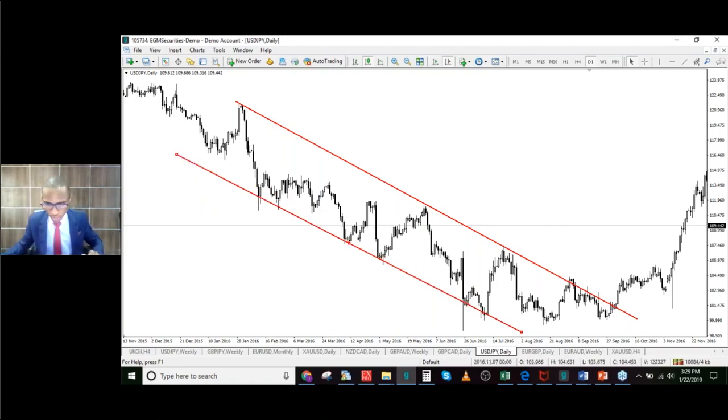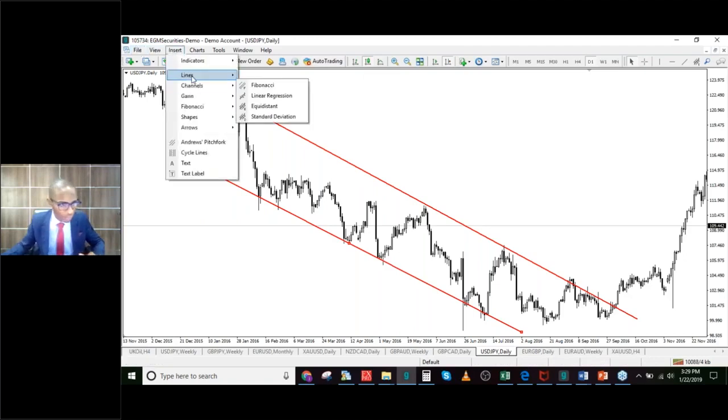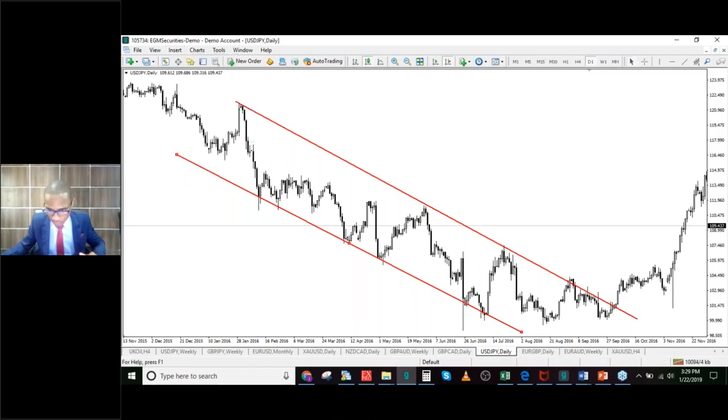And what we experience here is yet again another eminent breakout that happened towards the close of this descending price channel, right where I'm indicating using my ellipse shape.